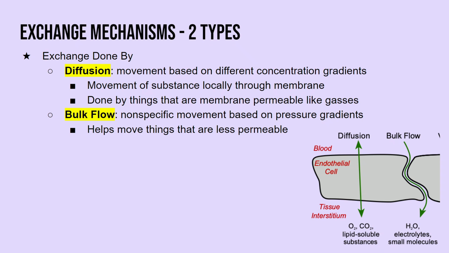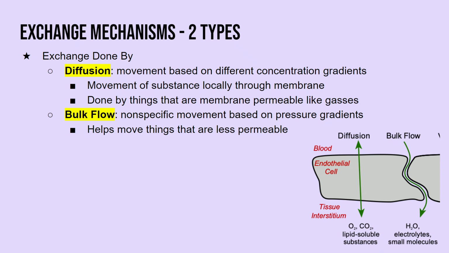Bulk flow, on the other hand, is more of a non-specific movement based on pressure. So if you have a high pressure gradient and you're pushing blood through the arteries, then that can push substances out of the vessels just because there's a high pressure, so they're kind of getting squeezed out of the vessels.